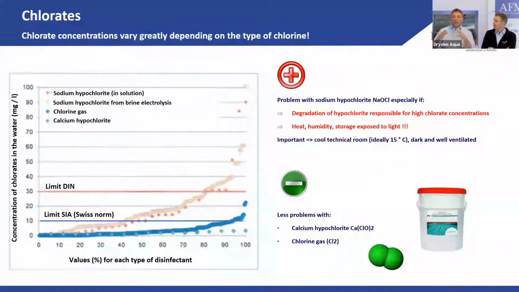If you took 1 kilogram of cal hypo in 100 liters of water, or 2 kilograms in 100 liters, because that's more or less the max you can go to, and stored it and dosed it, it would break down. So long story short, the problem is really with sodium hypochlorite, much less with cal hypo and chlorine gas.